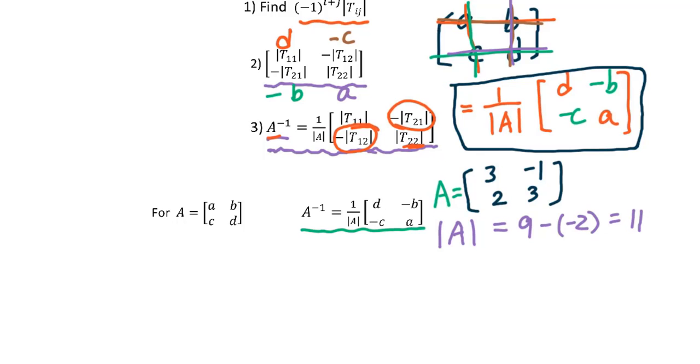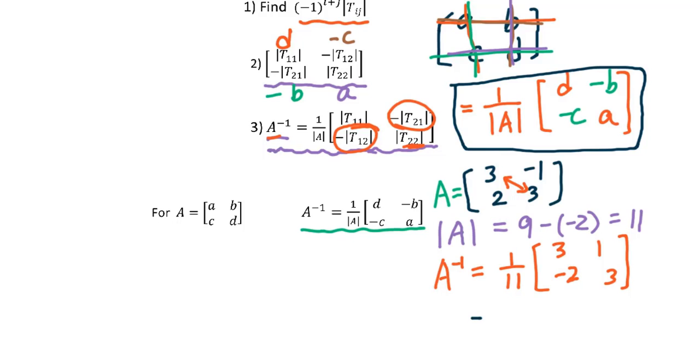Therefore, the inverse of A equals 1 over 11. We will switch the 3 and 3, so it's still 3 and 3. But we will take the negative, which means the opposite of negative 1 will be 1, and the opposite of 2 will be negative 2.